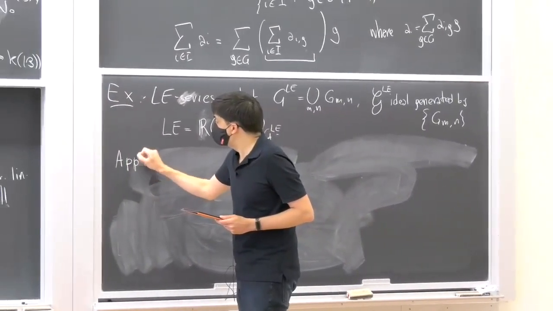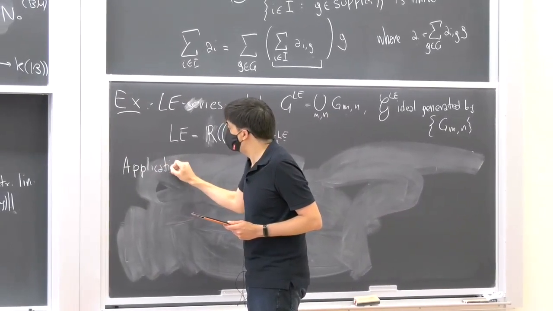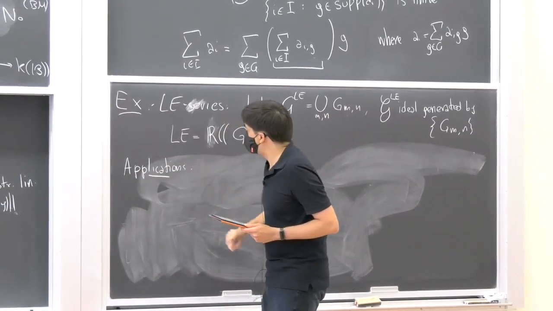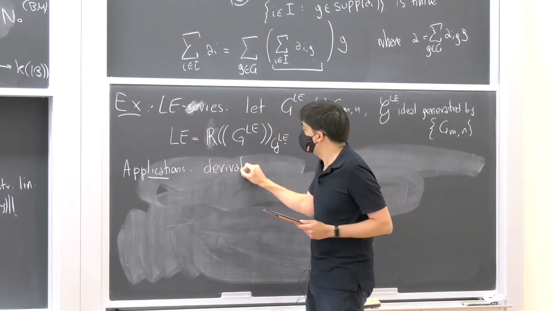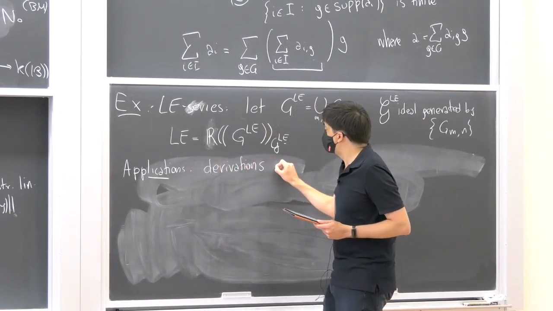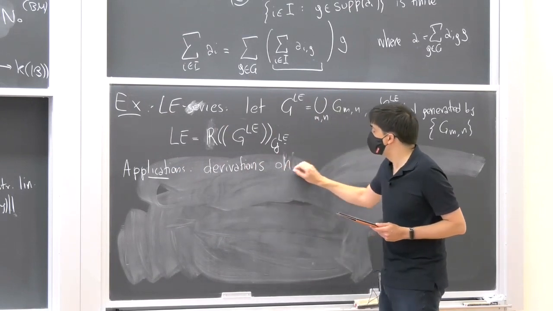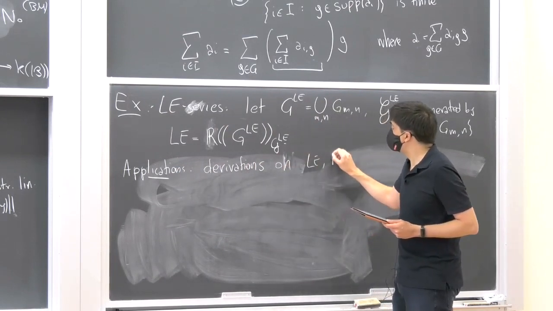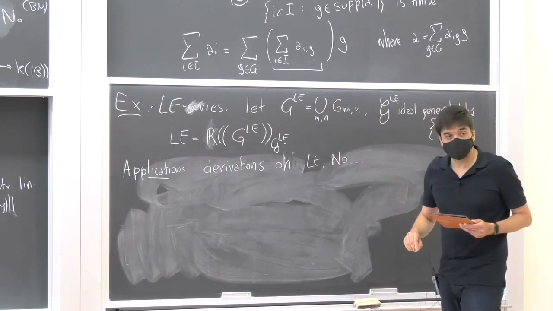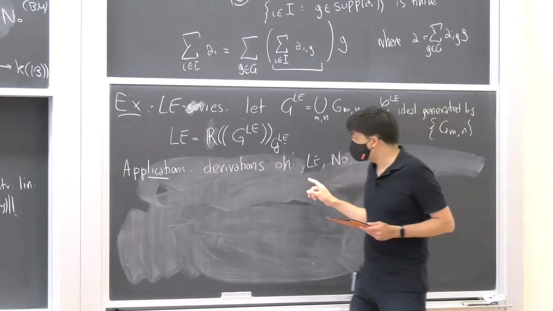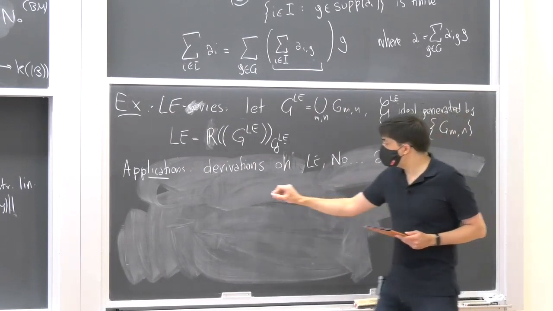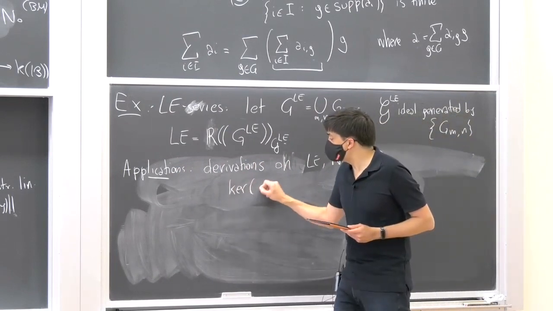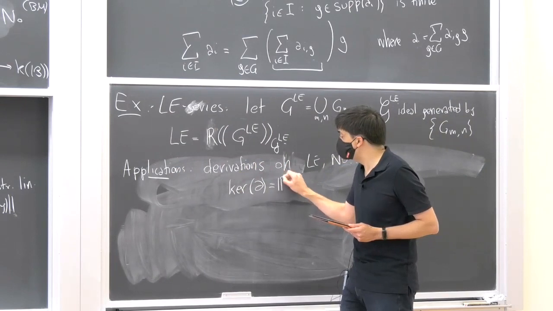Okay, so examples of applications, so to say. The usual derivations on LE series, so real numbers. As I was saying, they're strongly linear. The kernel of these derivations is always just the reals.